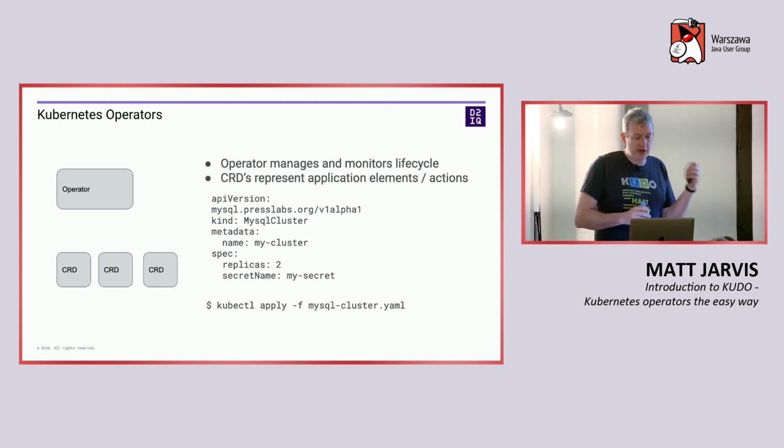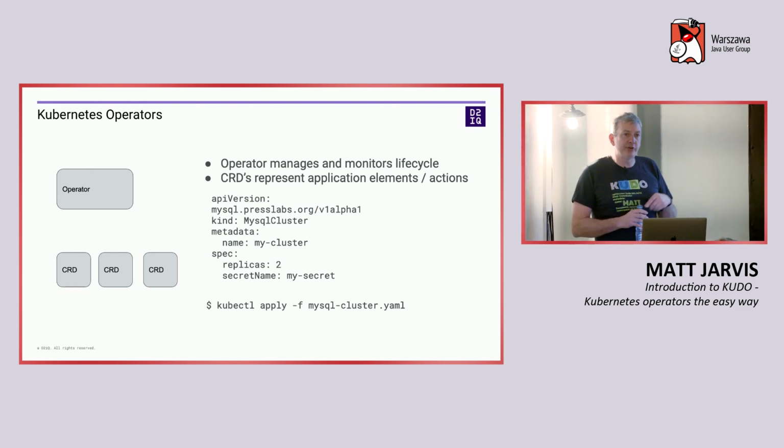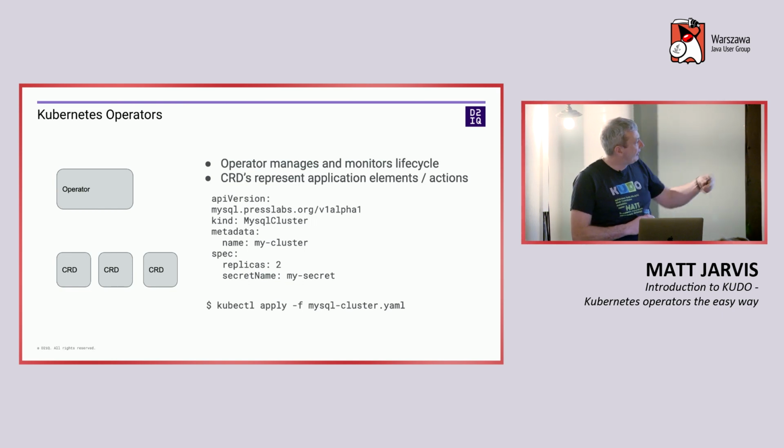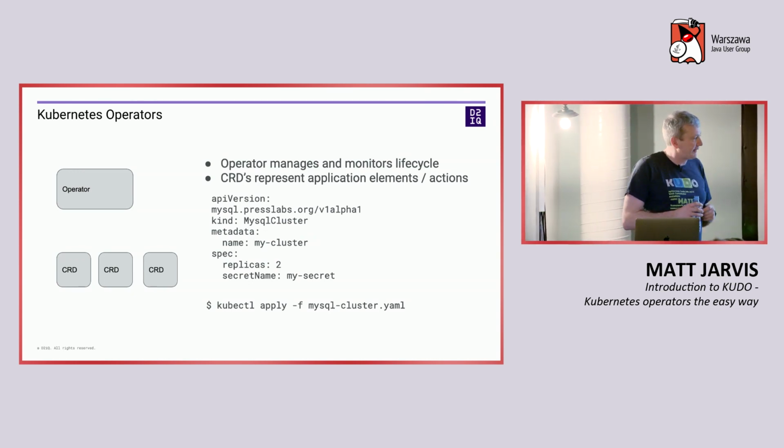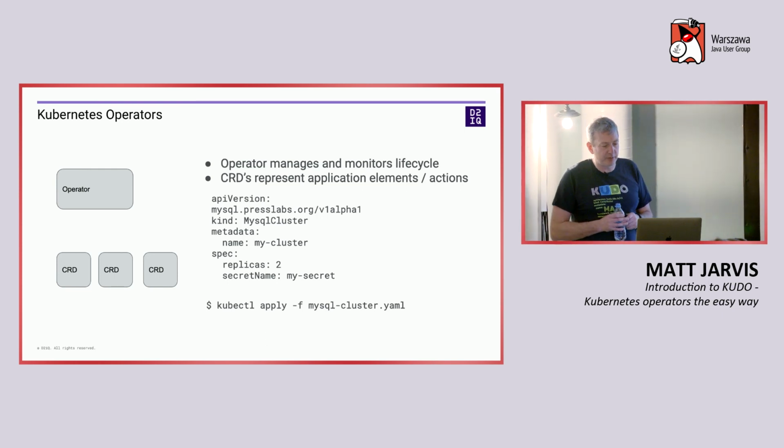So they add a new type, you can put some data into it and instantiate it. In this slightly fictional example here, we've got a CRD for a MySQL cluster that would give us a clustered MySQL instance.